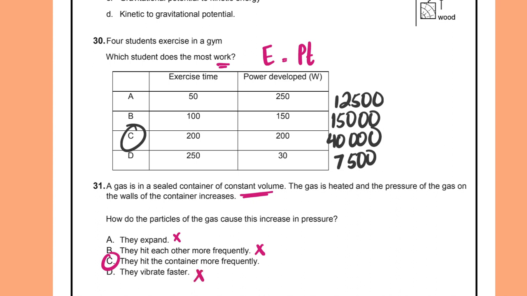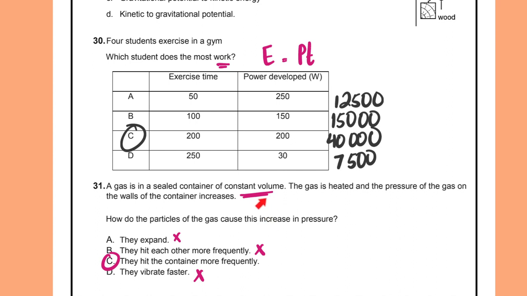And again, they don't really vibrate. We would say particles of a solid vibrate, but particles of a gas do not vibrate. They move faster. Also keep in mind there's a question very similar to this which may be assessed from you guys. In that question, the setup was the same, but it was asking for what cannot happen.